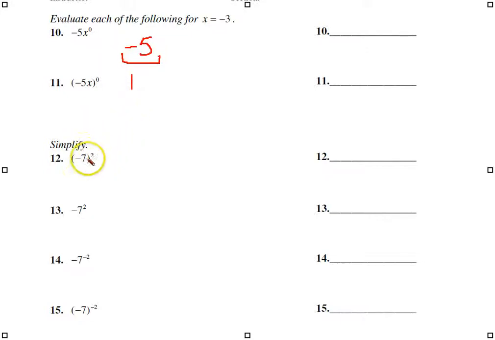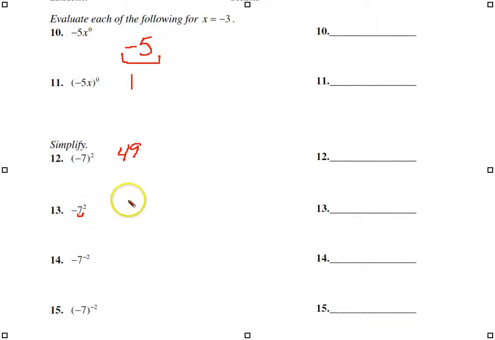Now here we're going to expand a -7 squared. So it's -7 times -7. This is going to be a positive 49. Now here you have to be very careful, because the only thing now to the second power is the base, which is 7.